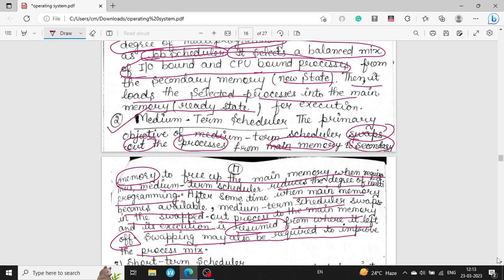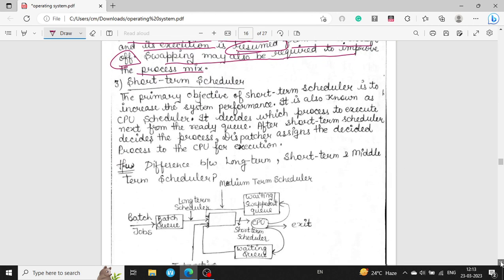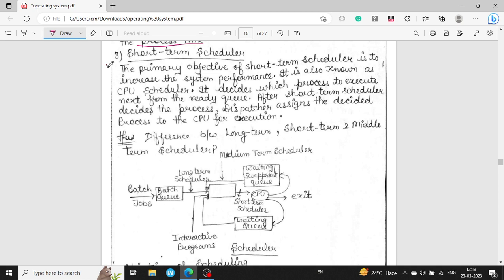Now the next point is the short-term scheduler.